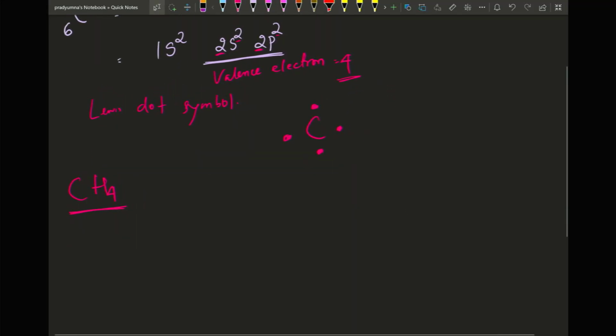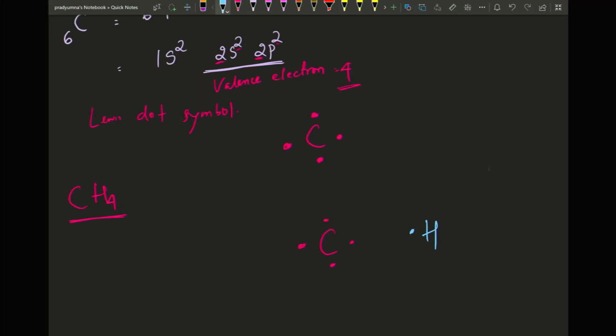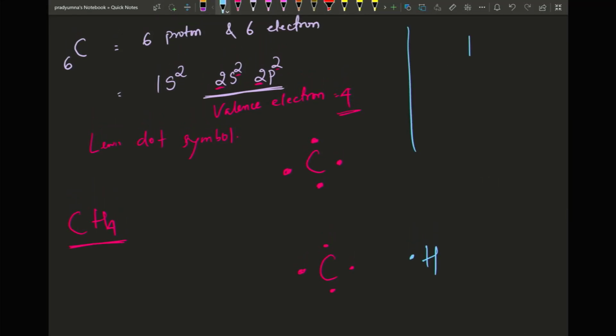So I'm just gonna do a Lewis dot structure of carbon. The electrons from carbon are pink. Let's put the hydrogen as blue. Hydrogen has 1 electron, right? Hydrogen's atomic number is 1, so obviously it has 1 proton and 1 electron.